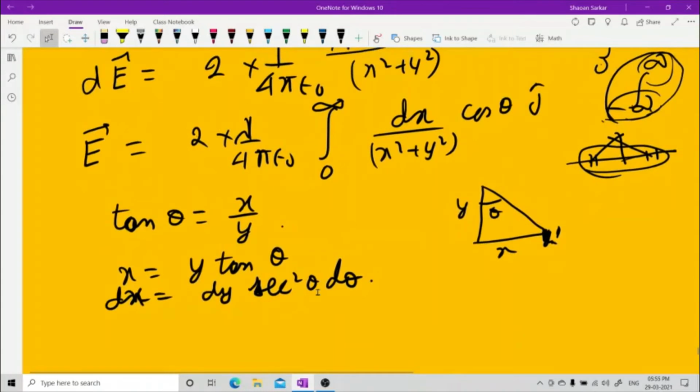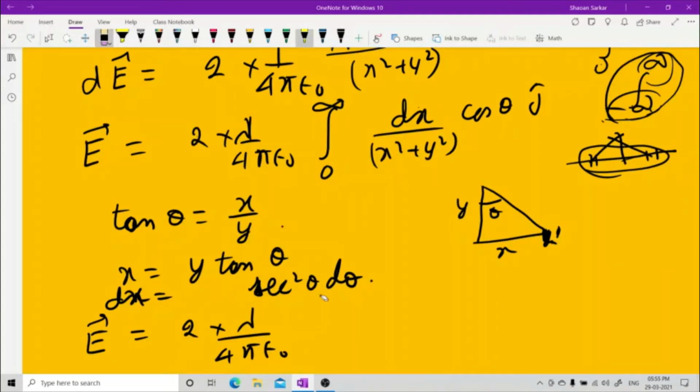Now if you write the E vector, it is 2 into lambda by 4 pi epsilon naught. In place of dx, you put this. Sorry, this is y, not dy, so by mistake I have written it.